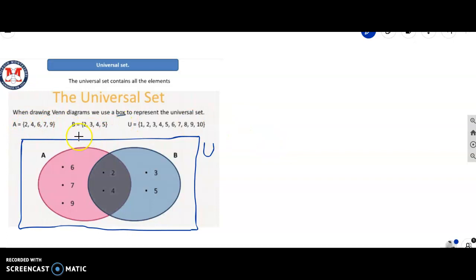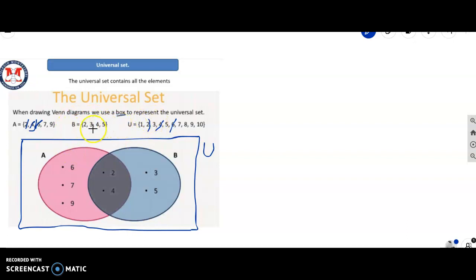We are going to mark the elements of the universal set that are already in A and in B. So we have 2, 4, and 6. 6 will not be included again, so we already have 6 here.